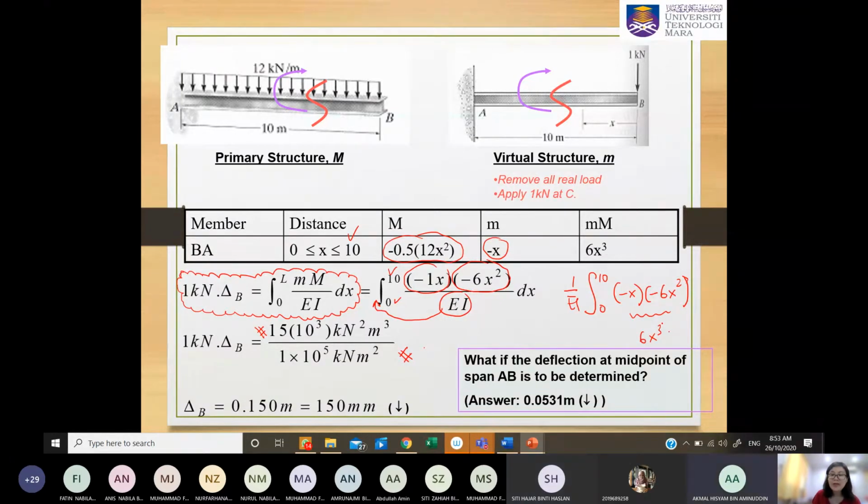For those who have difficulties, maybe you need to go to Google and look at the function of how to put in your integration, using the manual of your calculator. If still cannot, then you can PM me. Then we will search together on how to use your calculator. But be careful. Sometimes in your problems given, this is not in an exact value.